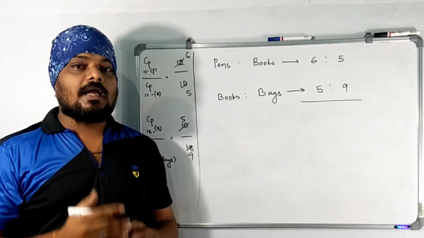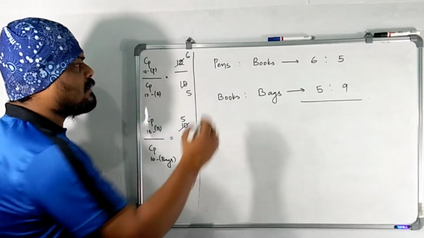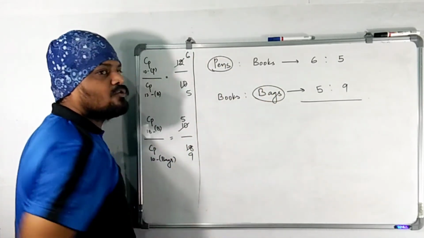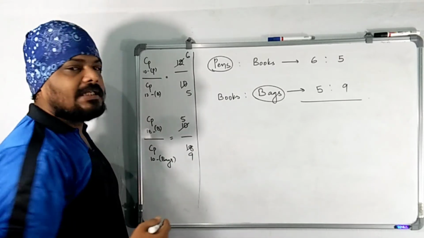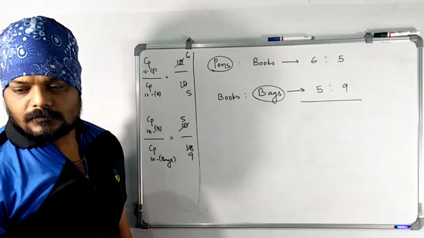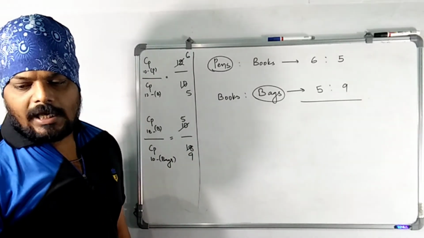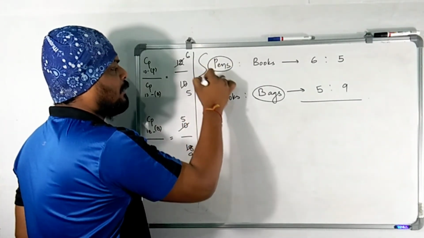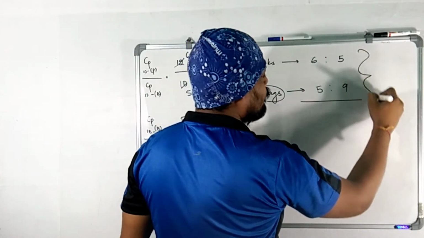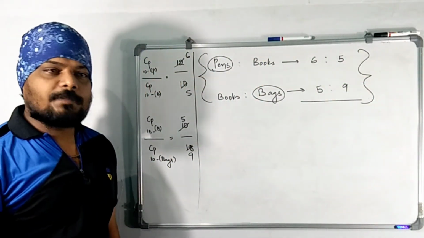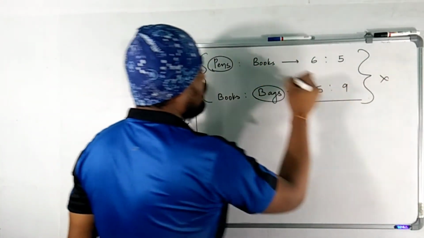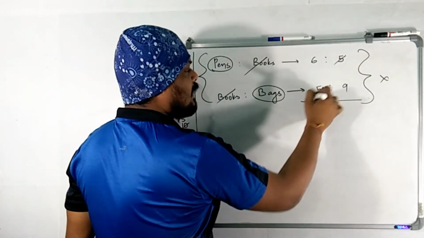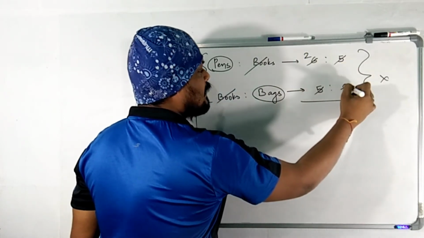In the next condition, what he is saying is that the selling prices of pens and bags are equal. He is talking only about pens and bags, and he is saying nothing about books. So if we directly multiply these ratios, books get cancelled, and 5 gets cancelled. 3 twos, 3 threes, 9.